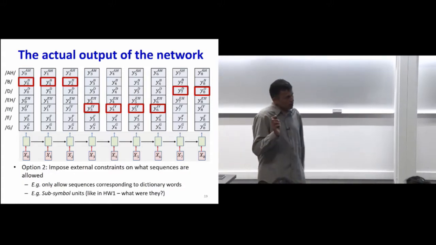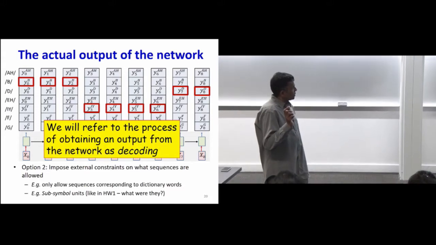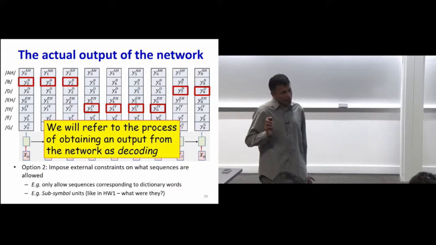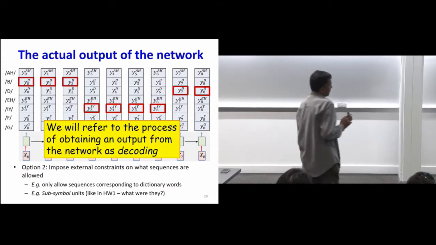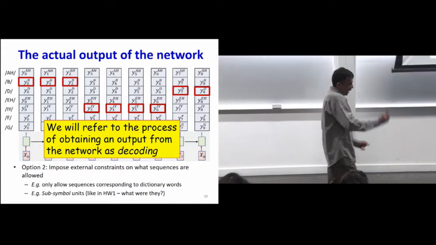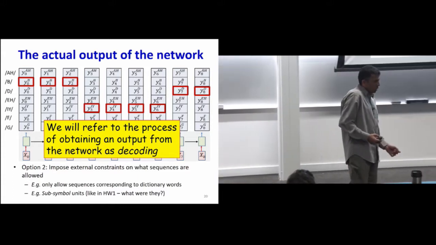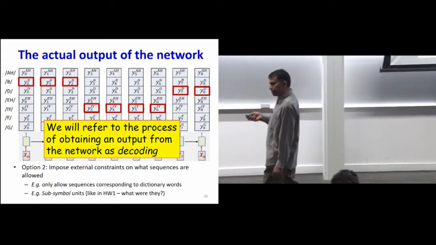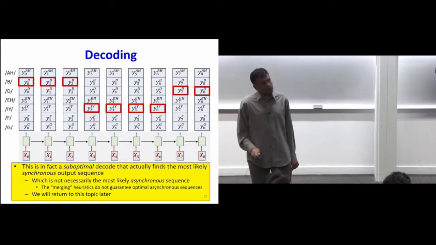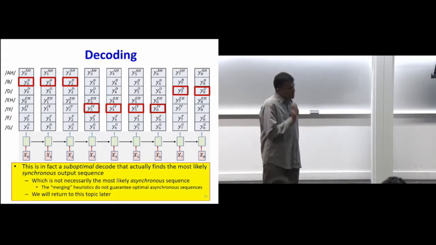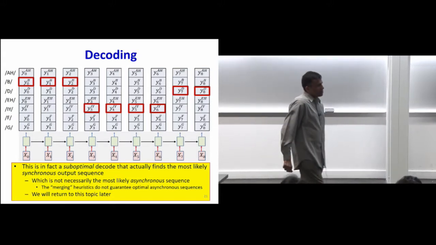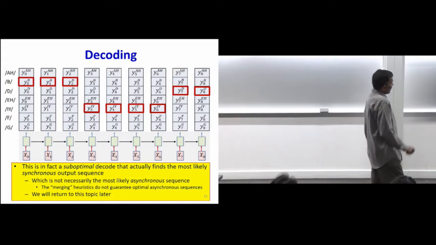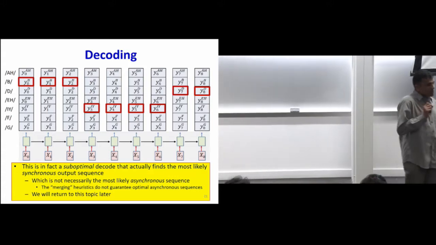So for now, I'm going to assume that we understand how this happens. And I'm going to refer to the process of obtaining an output from the network as the process of decoding, right? So this is, in fact, a suboptimal decode. It finds the most likely synchronous output sequence.